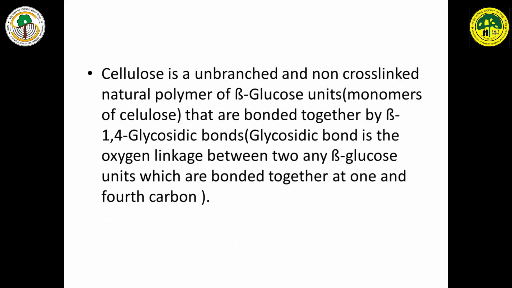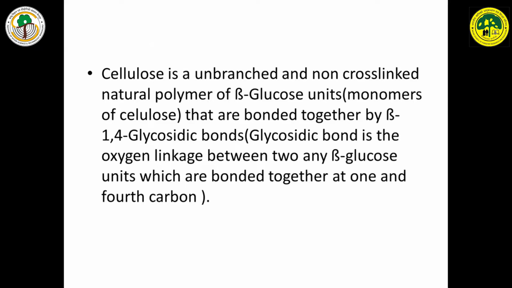The major thing about the cellulose structure is that cellulose is an unbranched and non-cross-linked natural polymer. Cellulose is made of beta glucose units. That means cellulose is a polymer containing beta glucose units as monomers. The beta glucose units are bonded together by beta 1,4 glycosidic bonds.